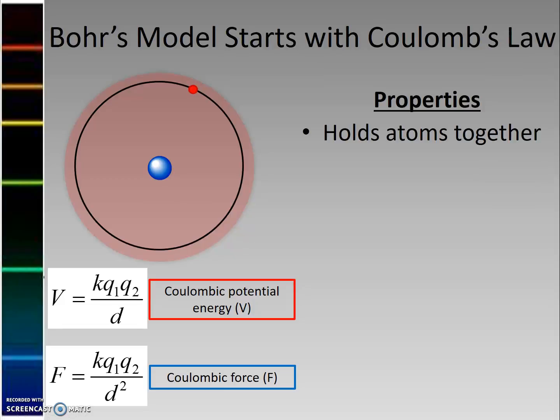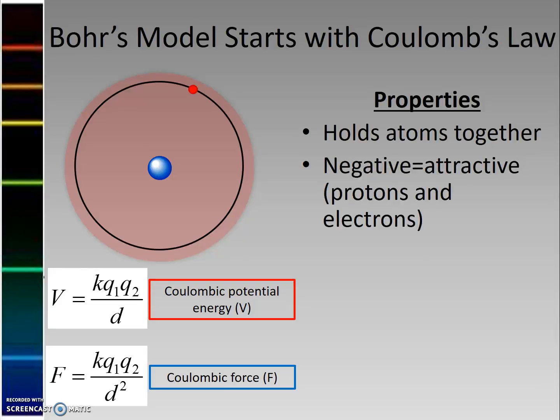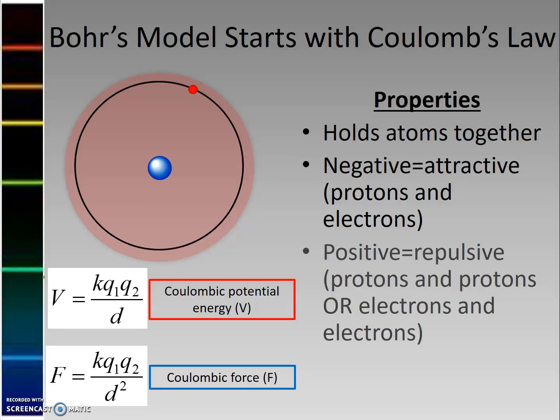That's why the atom's holding together. This is a negative force and a negative Coulombic potential, because I have a negative thing attracting a positive thing. So sign-wise, we're looking at negative numbers. We're not talking about repulsive force. And it's distance dependent. The closer the electron is to the center, the stronger the attraction. The farther away, the weaker the attraction.